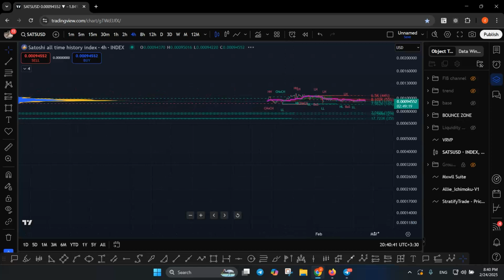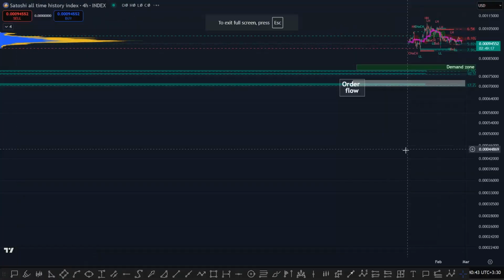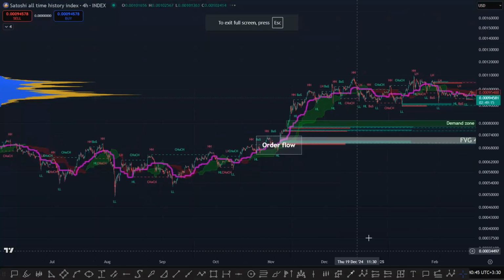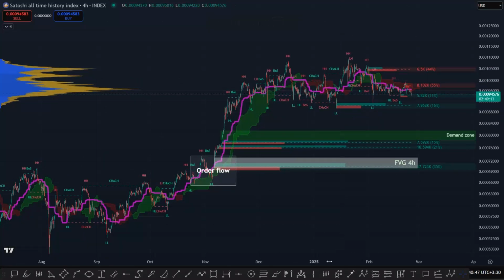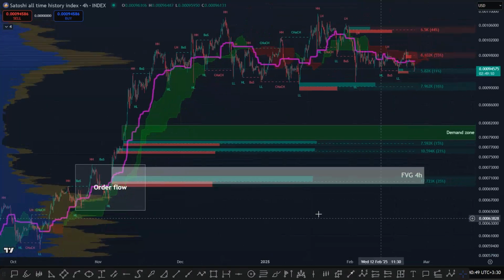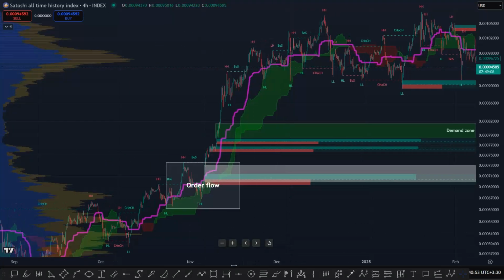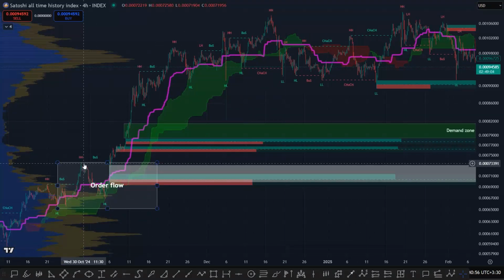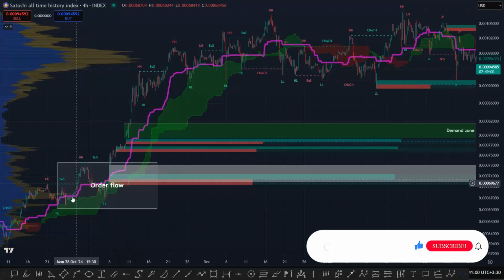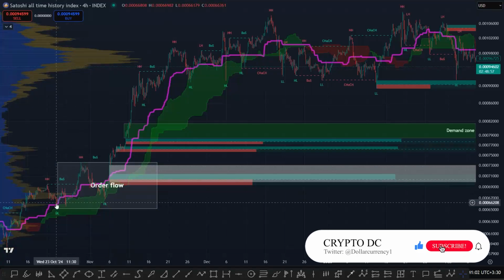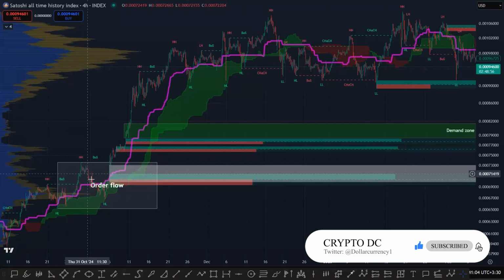Okay, so if I go into the 4-hour time frame, yeah, we had a base here, but in this base we consumed the liquidity inside this node. We formed this node and we consumed it.